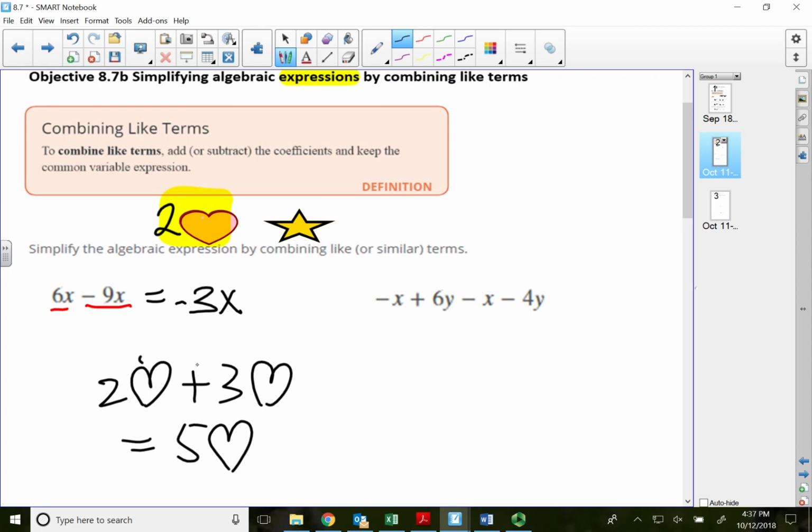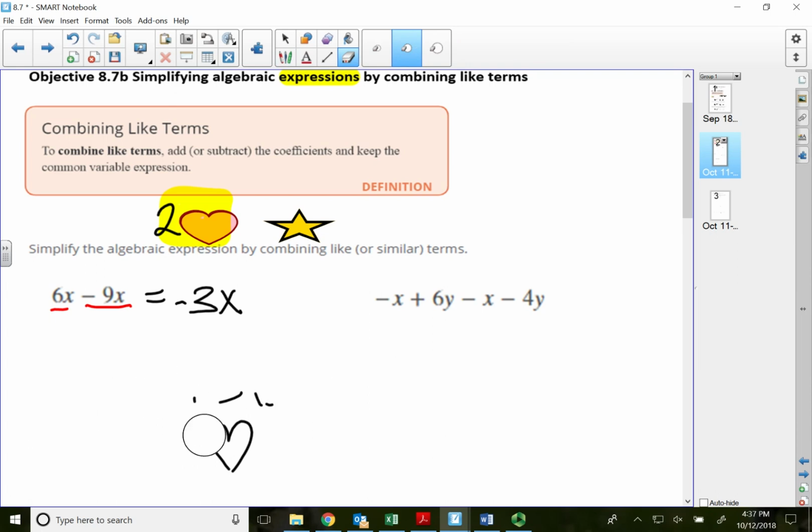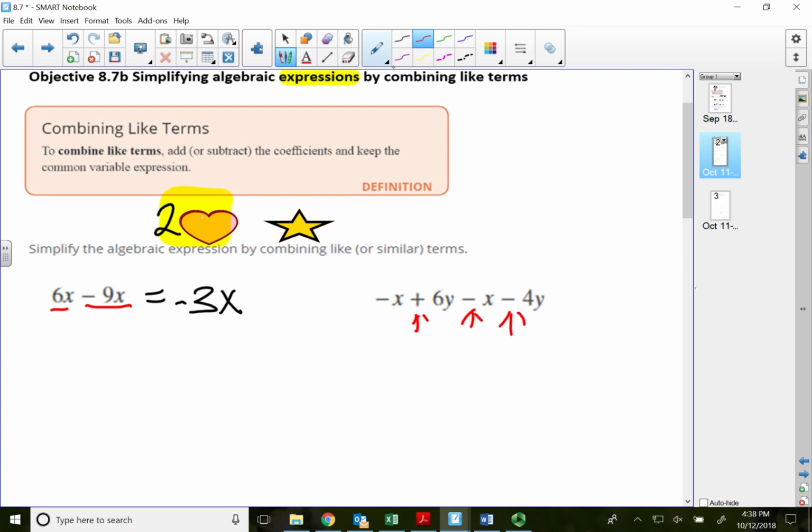That's what algebra is: a lot of combining like terms, and we call it simplifying the expression, because we can only combine like terms. If you look at this one, I see a lot of plus and minus signs outside the parentheses, so I have a lot of terms here. I can only combine the like terms. Negative x is a like term with another negative x, and positive 6y is a like term with negative 4y.